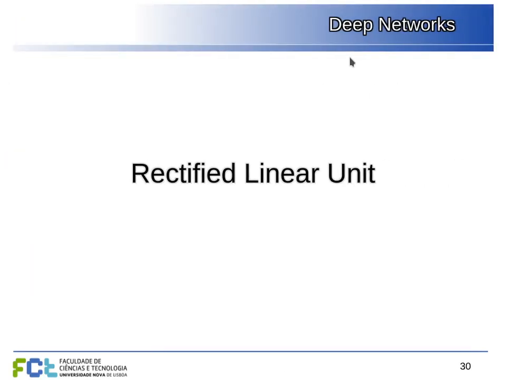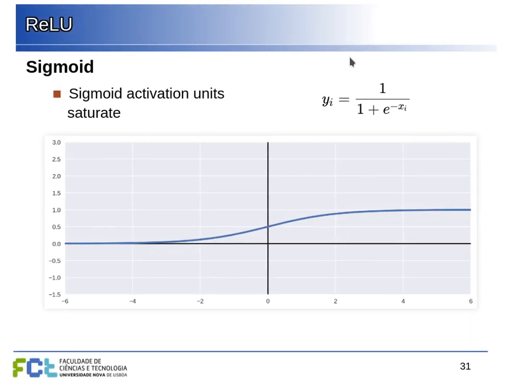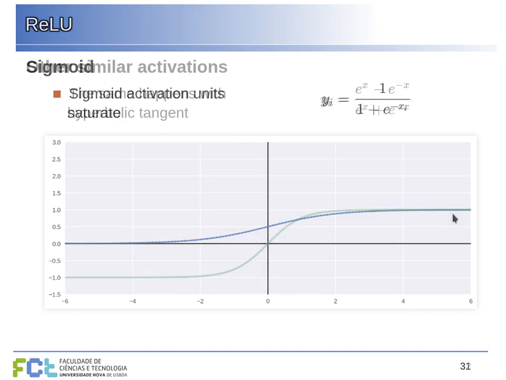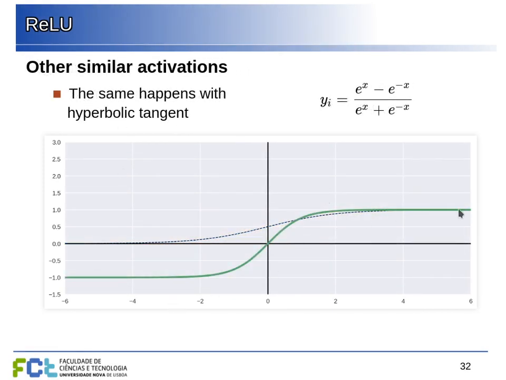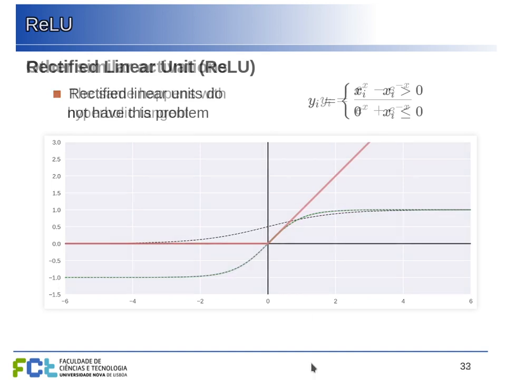So one big change that occurred in 2011 was the use of these rectified linear units. So instead of being like the sigmoid that saturates here at 1, or the hyperbolic tangent, for example, which was also used, that goes from -1 to 1 but has the same kind of shape, the rectified linear unit is just this elbow.